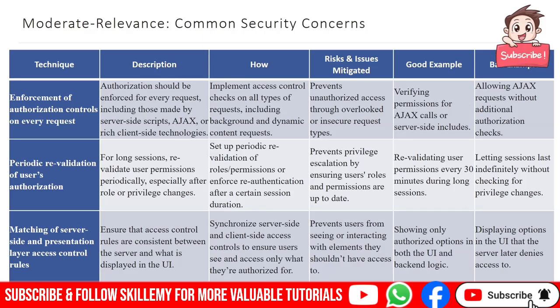This inconsistency creates a significant security risk, as unauthorized users could still manipulate functions that are not meant for them. By synchronizing what is shown in the interface with what the backend permits, we ensure that users can only see and interact with elements they are genuinely authorized to use.